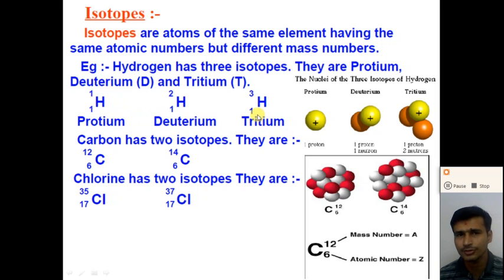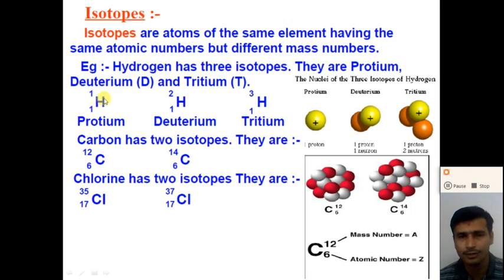So these are atoms of the hydrogen element, which has the same atomic number 1, right? But the mass numbers of all three isotopes are different.